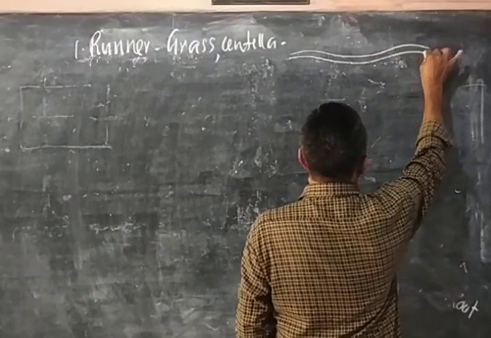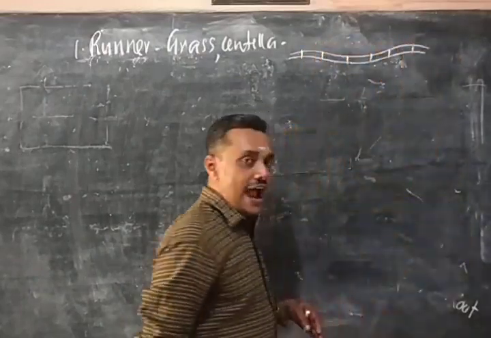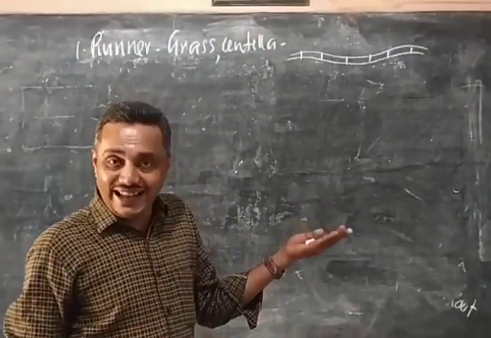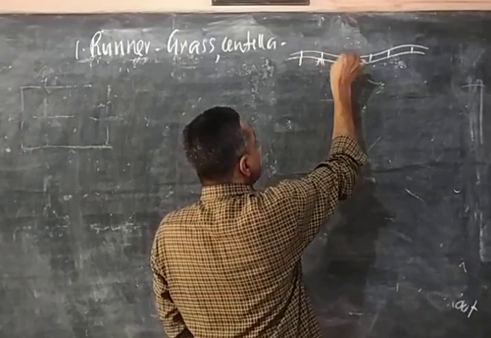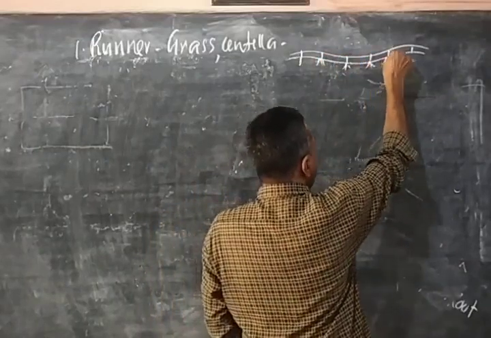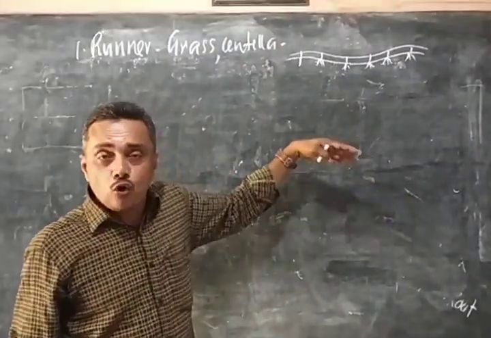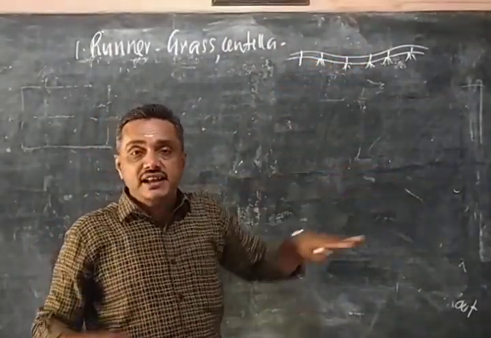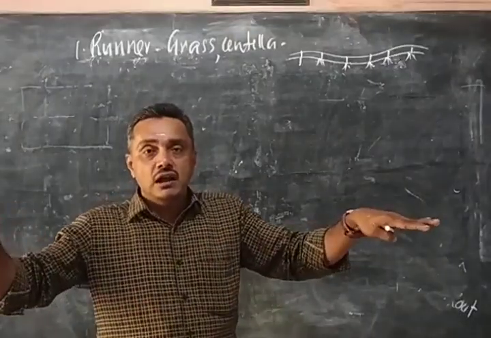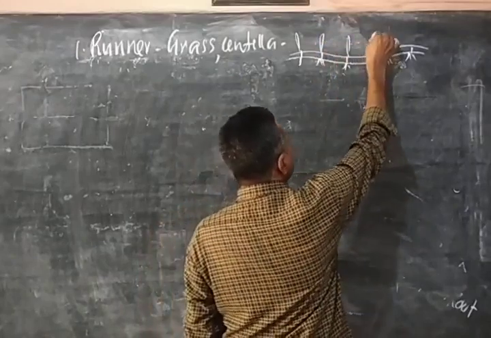The stem grows on the soil, as in sweet potato, centella, or grasses. From every node, roots are produced. Sweet potato, cucumber and other growing plants or vegetables, and grasses are there. The stem creeps on the soil. From every node, roots are formed, and leaves are formed towards the upper side.